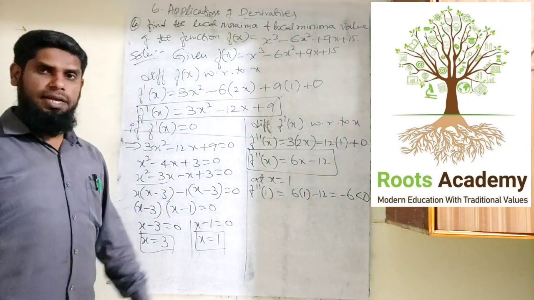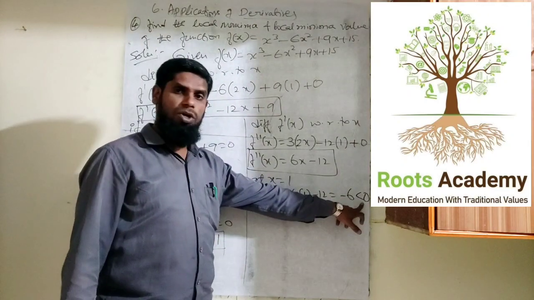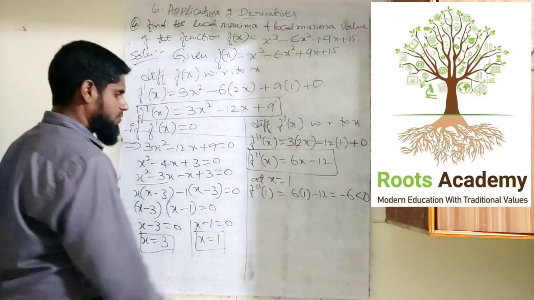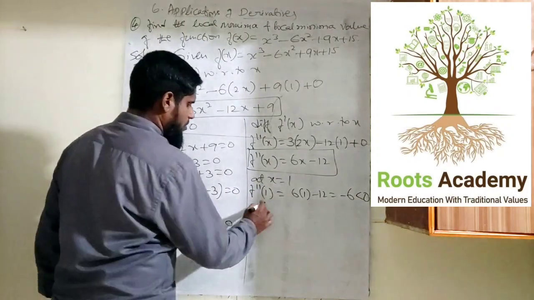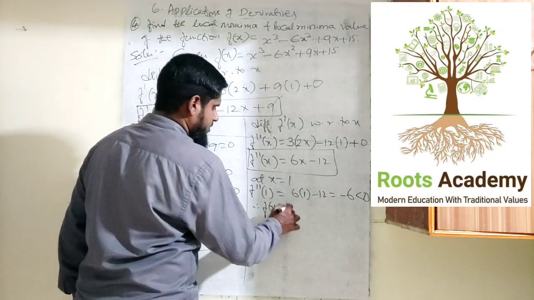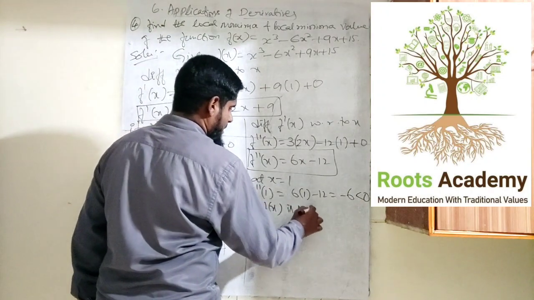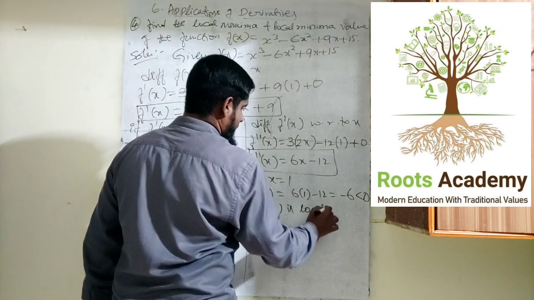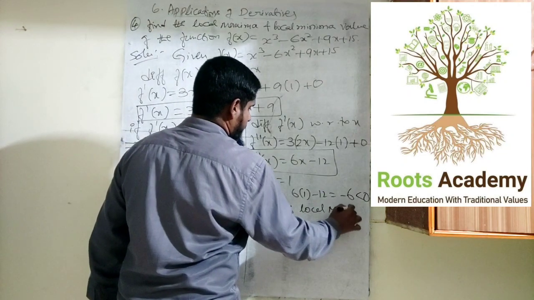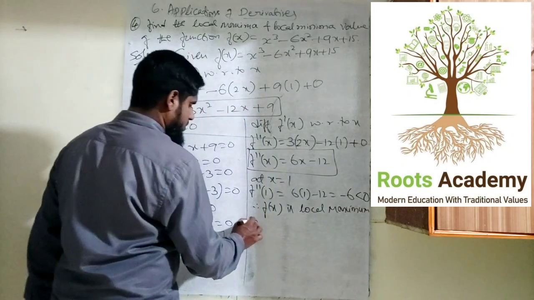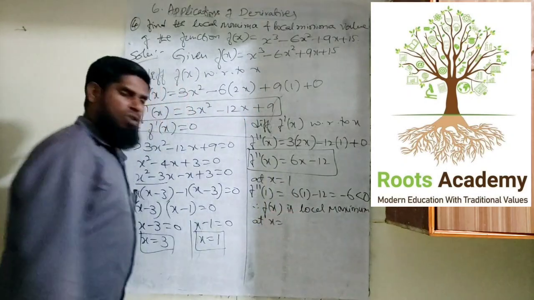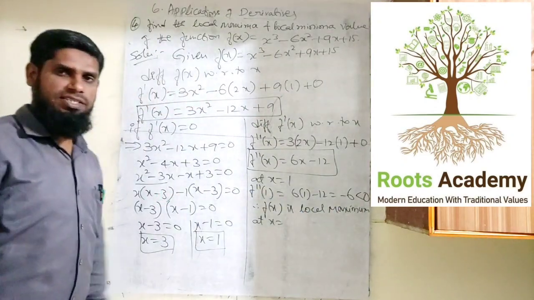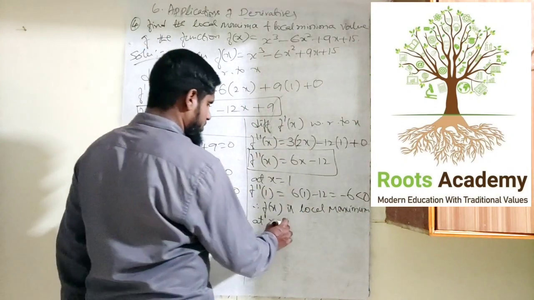The moment the second order derivative is less than 0, then at this particular point it is a maximum. Therefore, f(x) has a local maximum at x equal to 1. Local maximum or maximum, both are approximately the same, there is not much difference here.